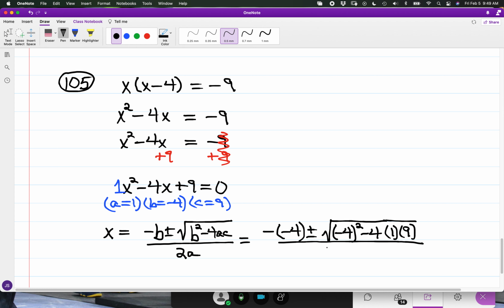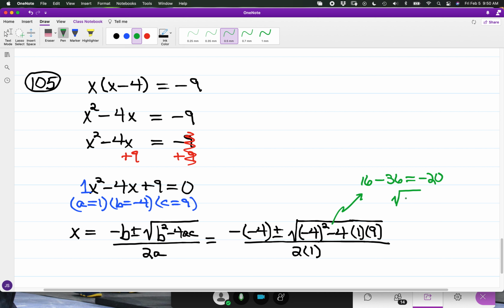We have all over 2 times 1. For what we have inside the radical, we have the square of negative 4, which will be 16. We've got negative 4 times 1 is negative 4. Negative 4 times 9 is negative 36. And 16 minus 36 is equal to negative 20.